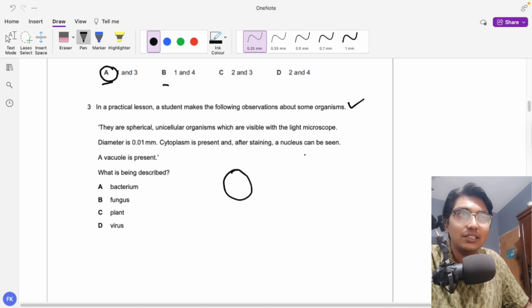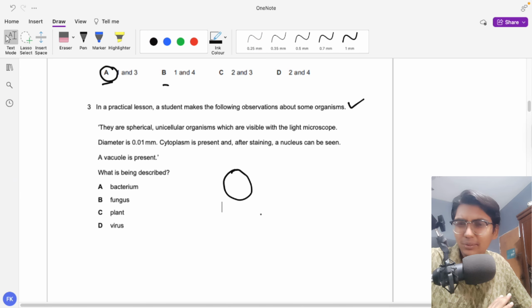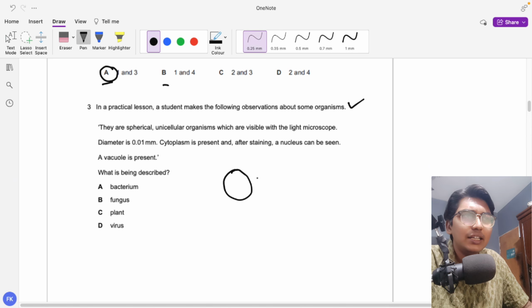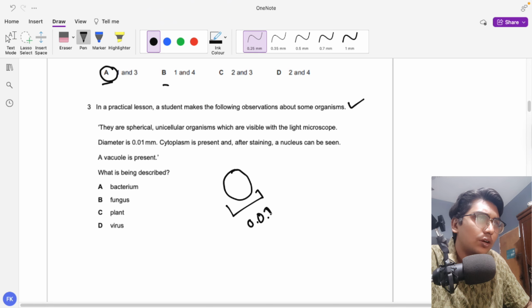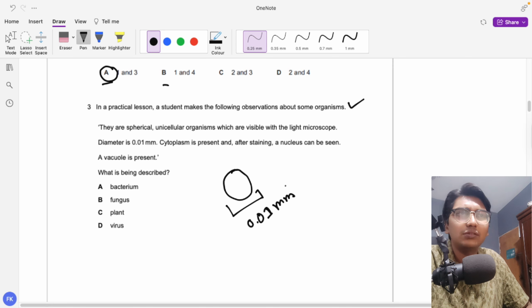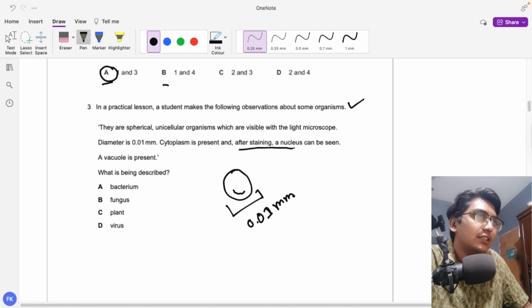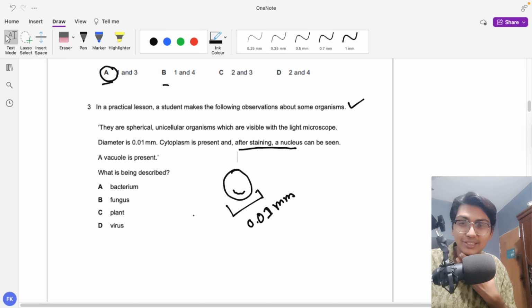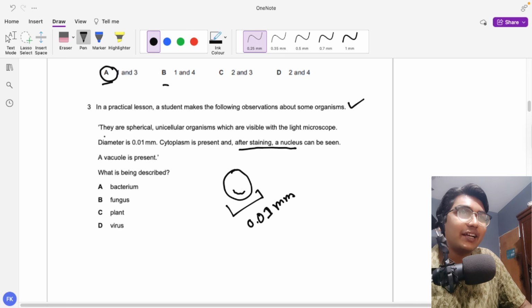Plant is multicellular, and it is visible under a light microscope. Bacteria are visible under a light microscope. It has a very short diameter, 0.01 millimeter, which is very small. Cytoplasm is present, and after staining, a nucleus can be seen. Sorry, my voice is a little bit cracked. A vacuole is present.